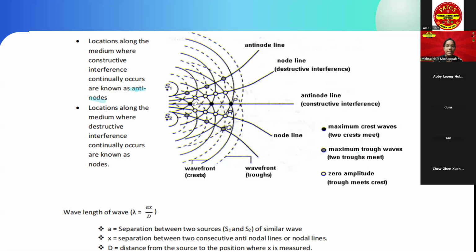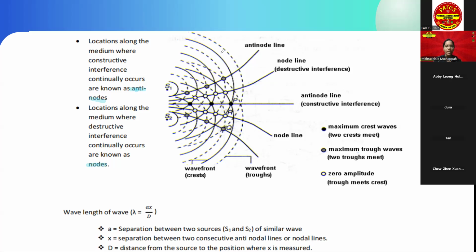We can call it antinodal point or antinodes. Meanwhile, the points where destructive interference continually occurs are nodal points or nodes. And the line that joins all the antinodal points is known as the antinodal line, and the line that connects all the nodal points is known as the nodal line. Okay, are you all clear?